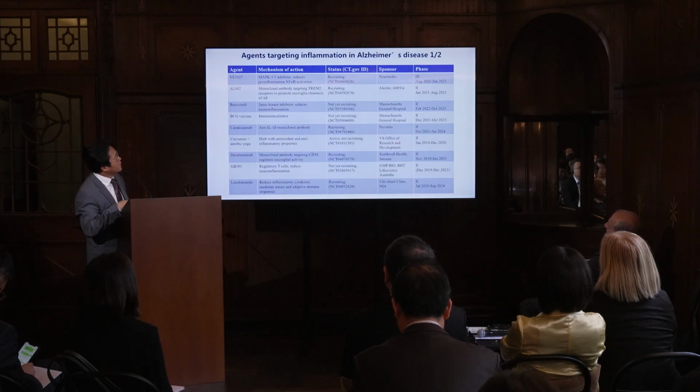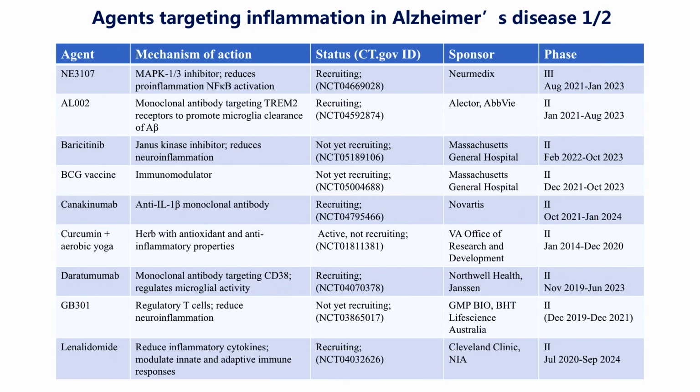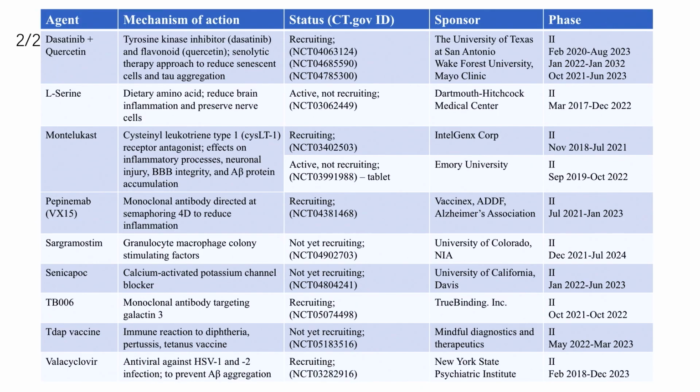And my fellow checked all the registered trials, and many of them are very familiar to our neuroimmunologists, like daratumumab, an anti-CD38 molecule, as Chow talked about, which depletes plasma cells. And this list goes on.